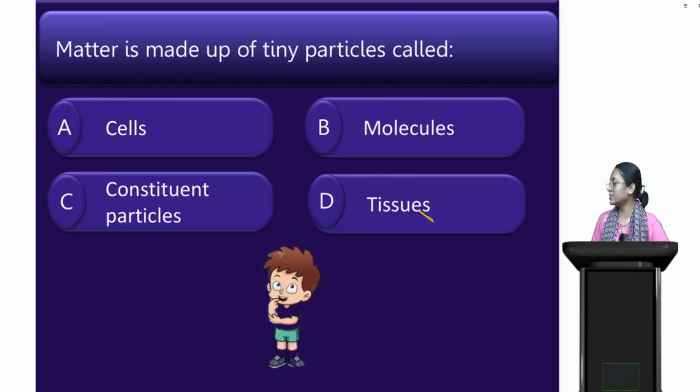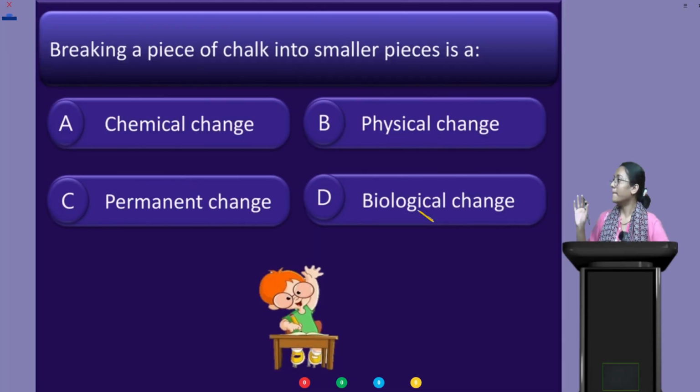Now the next question comes. Breaking a piece of chalk into smaller pieces is what kind of change? Four options are there. Option A, chemical change; option B, physical change; option C, permanent change; or option D, biological change. I am giving you the timer again. Try to answer, everyone.